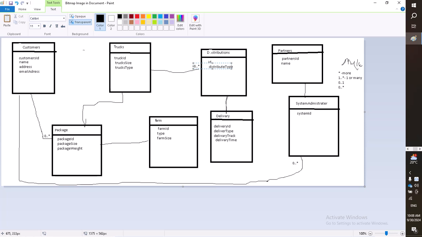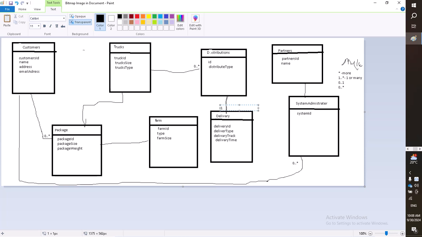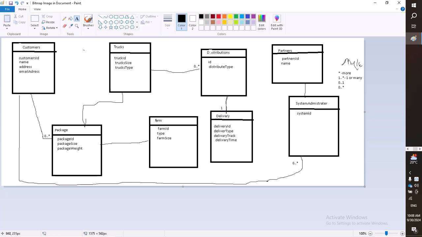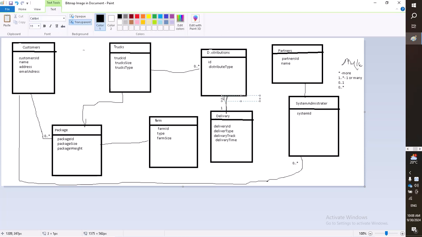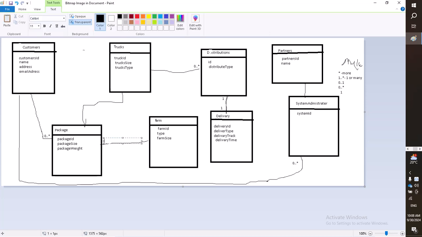And also you move again, and then how many times is the package being delivered, being distributed? I may say here 1 and also 1. So there is another multiplicity that is left, it's 1. Okay, another way, you ask yourself again, how many times does the farm produce the package? Either 0 or many.